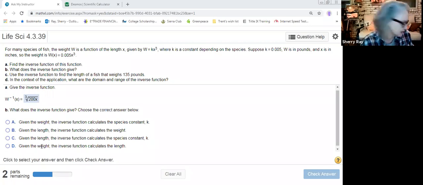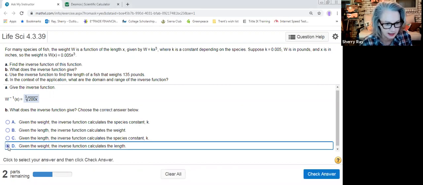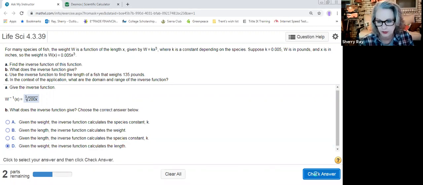So what does the inverse function give? X is the weight. So given the weight, the inverse function calculates, not the species, that's silly. Given the weight, the inverse function calculates the length. So given the weight, that means given the X coordinate, that's weight. So I'm going to go here.